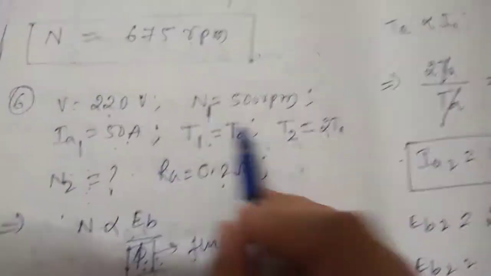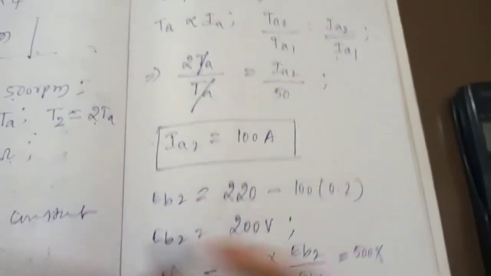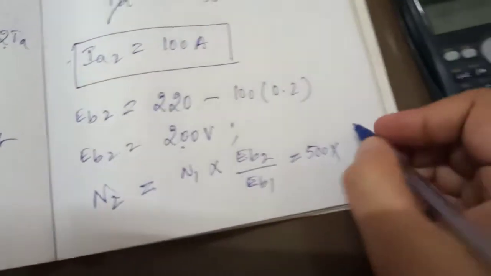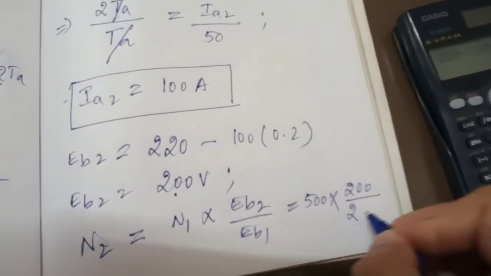N1 is 500 RPM, EB2 is 200, divided by EB1, which is 210.